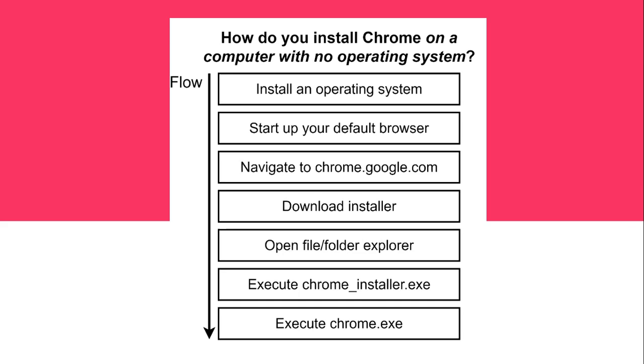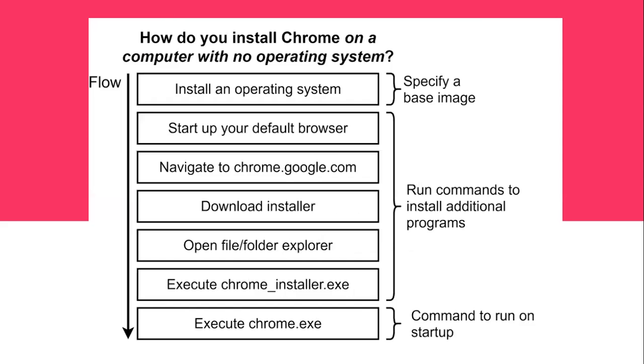Then you go to chrome.google.com, download the Chrome installer, and then you execute chrome.exe to install Chrome. So these are the steps that you perform when you want to install Chrome on a computer which doesn't even have an operating system. Just like this, the Dockerfile works.